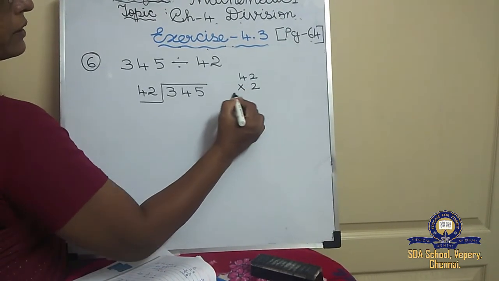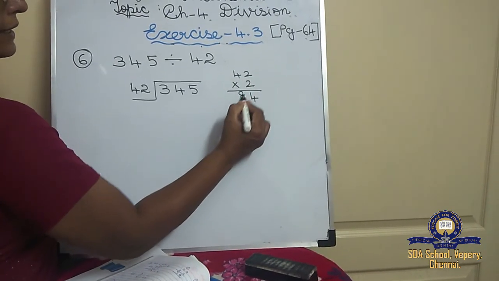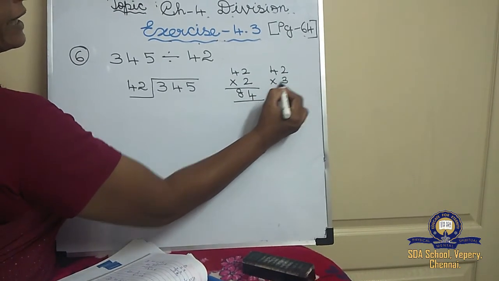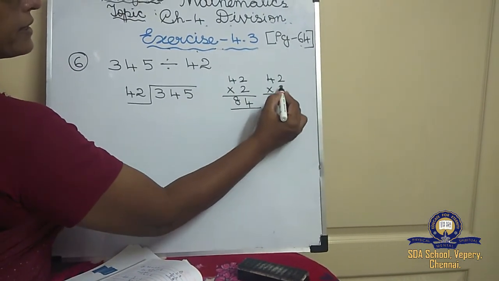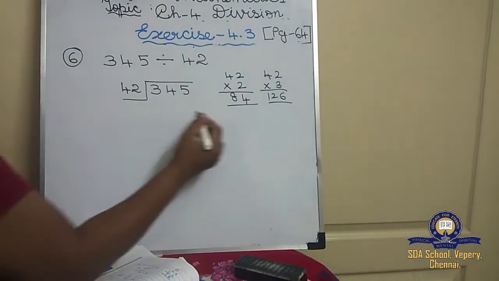42 twos: 2 twos are 4, 2 fours are 8. Next, 42 into 3. 3 twos are 6, 3 fours are 12. So the answer is 126.